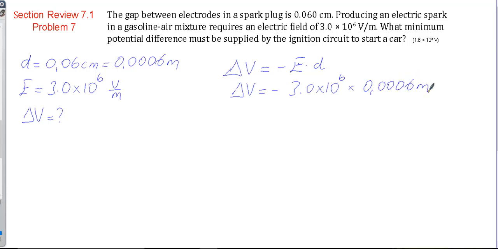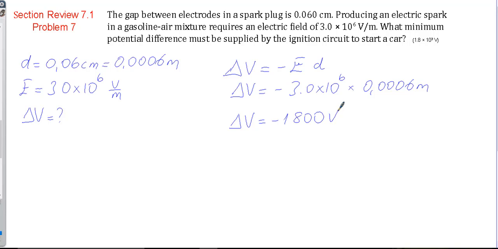When you multiply them, you can get delta V as minus 1800 volt. That is the potential difference.